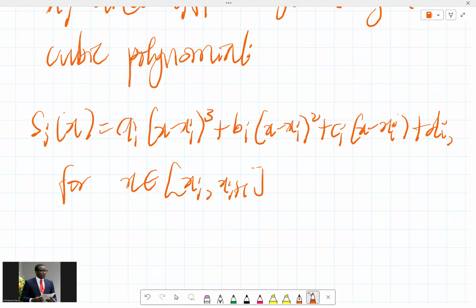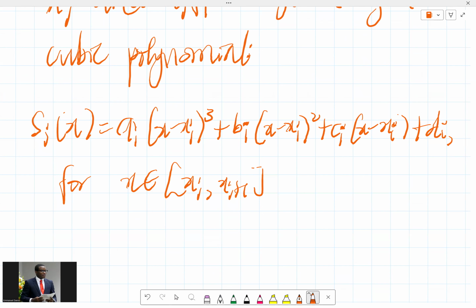Okay, so this whole expression is what you have between x1 and x2, for instance, or x2 and x3 and everything. So if you are talking about the first interval, you're going to have s1 equals a1 into (x minus x1) cubed plus b1 into (x minus x1) squared plus c1 into (x minus x1) plus d1.